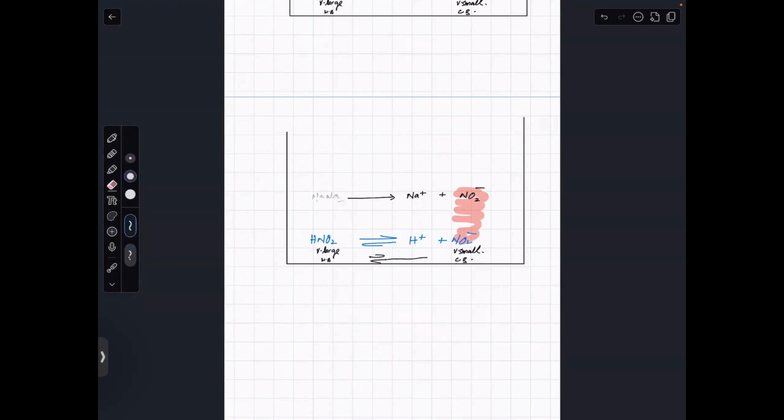It is almost suppressed. And your beaker, this is suppressed. Your weak acid is almost unionized. It's not going to dissolve. And all the conjugate base is coming from the salt.